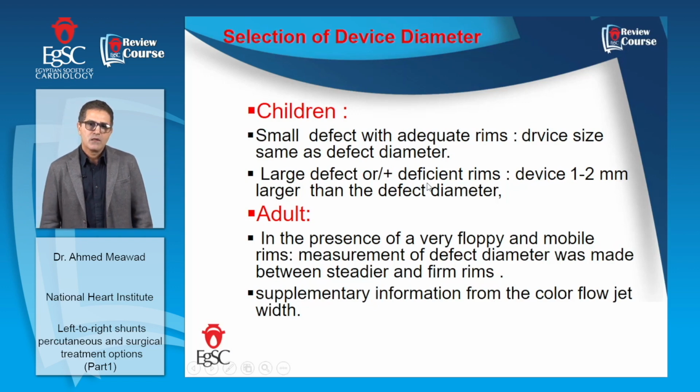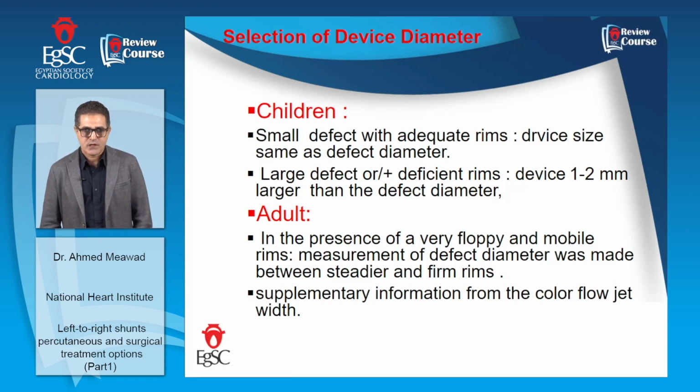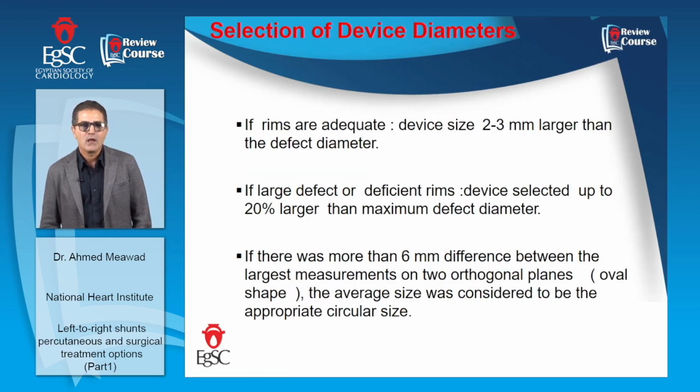In adults, we have to measure from firm to firm edge. If rims are adequate, use a device size 2 to 3 millimeters larger than the defect diameter. If there is no retroaortic rim or deficient rims, we upsize by 20%. If the shape is oval, we average the size.